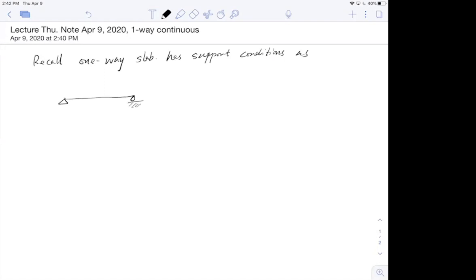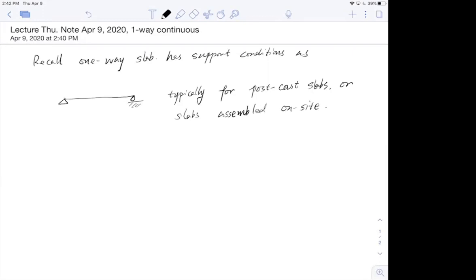Now this is typically for precast slabs or slabs assembled on site.